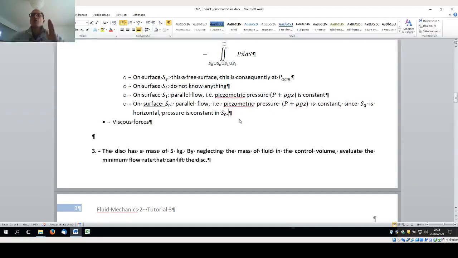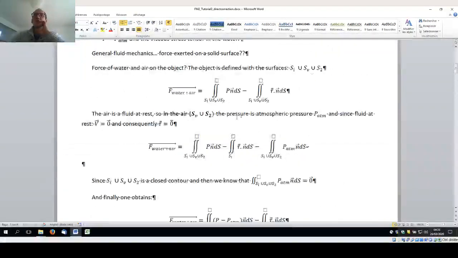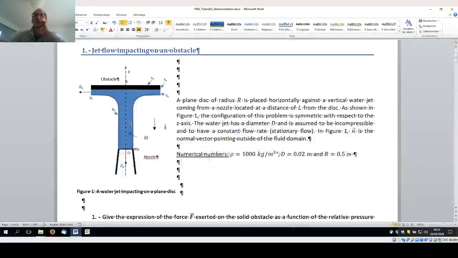So if you have a parallel flow in this section S0, which is a classical assumption we can do, since the section is horizontal, the pressure is the same everywhere.